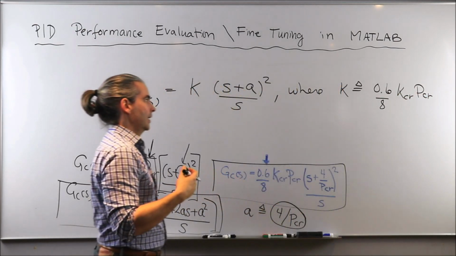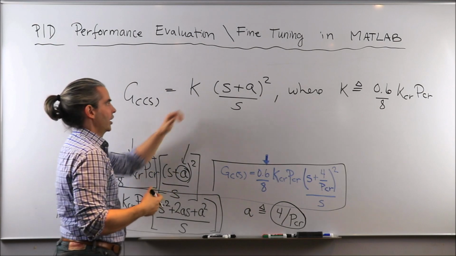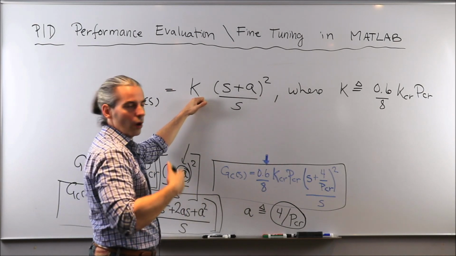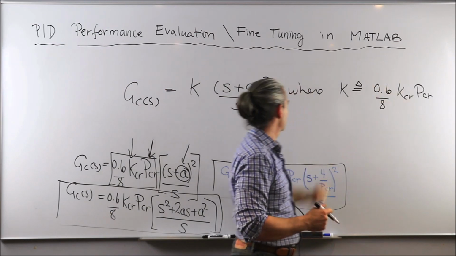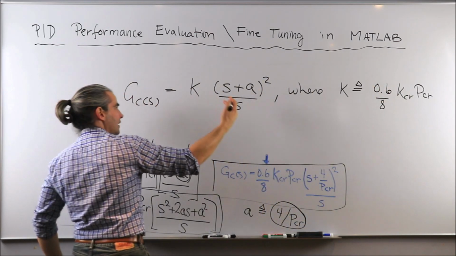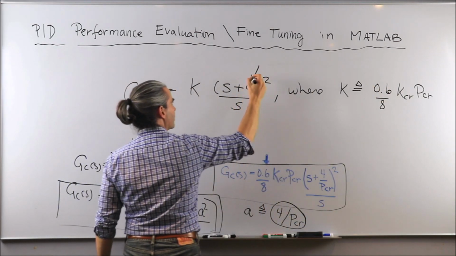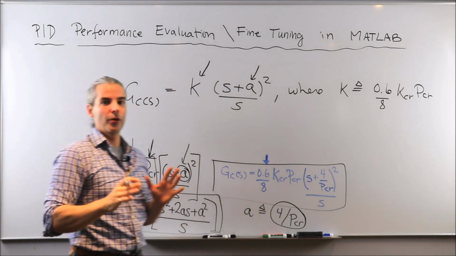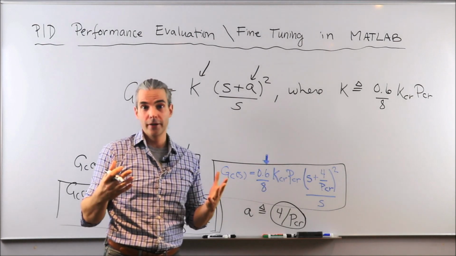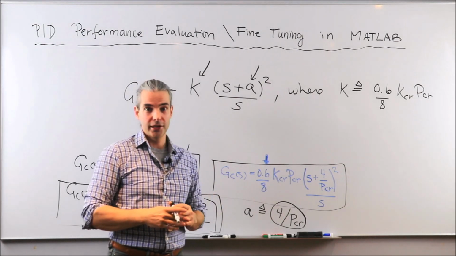But in the second approach, we'll just change K as being one parameter independently of what it physically represents, and independently of our second tuning parameter, which is going to be A. So that's going to give us only two parameters to play with instead of three, and that will ease up the design process quite a bit.